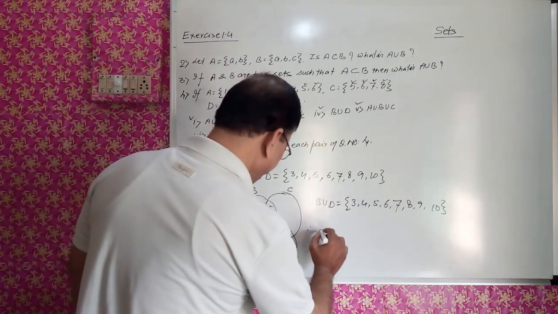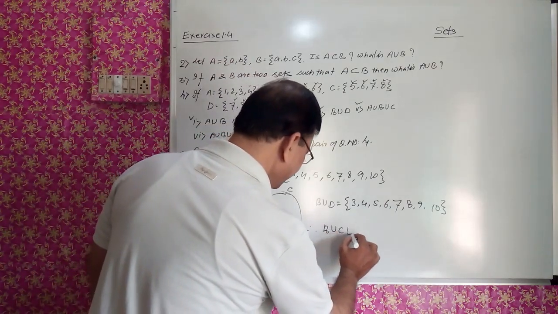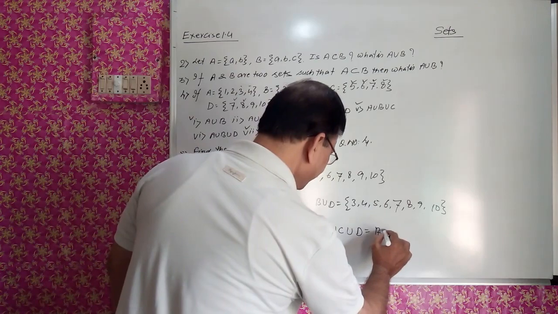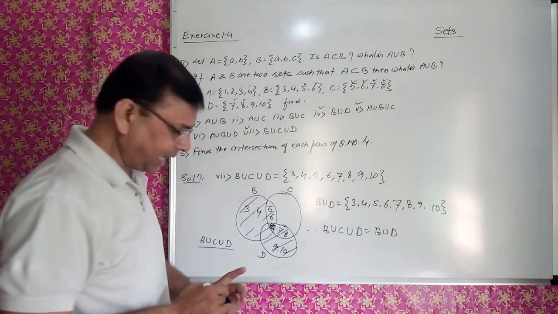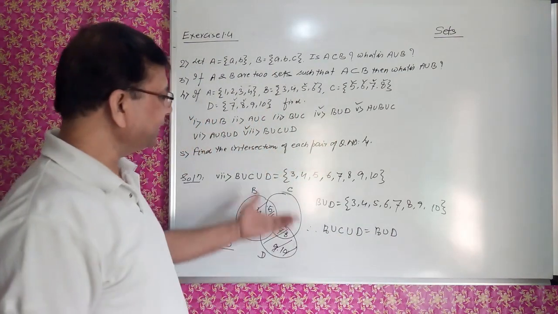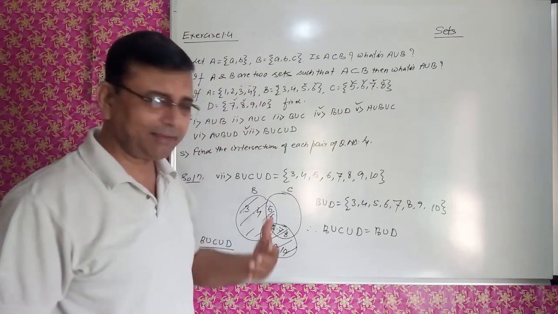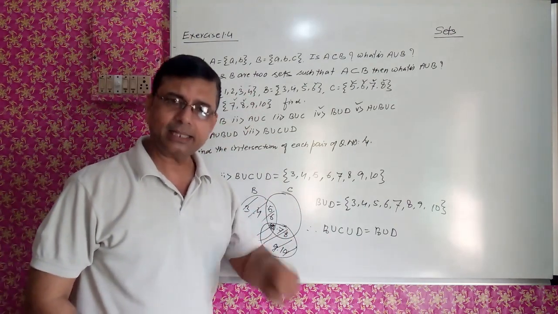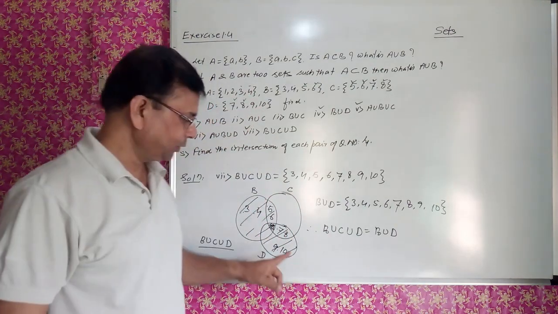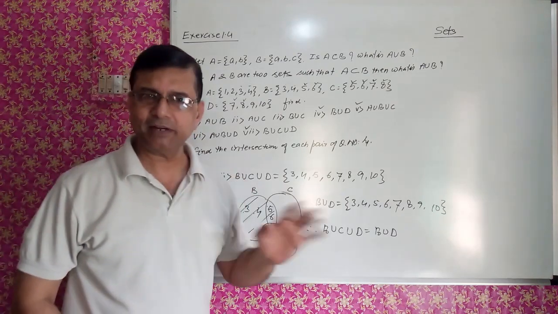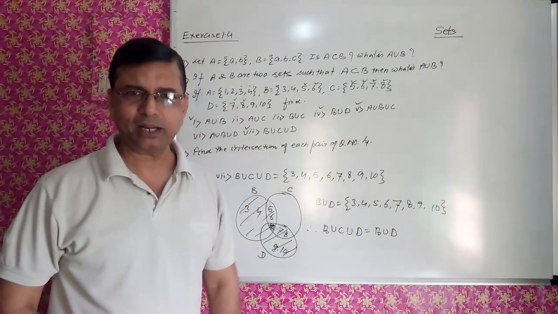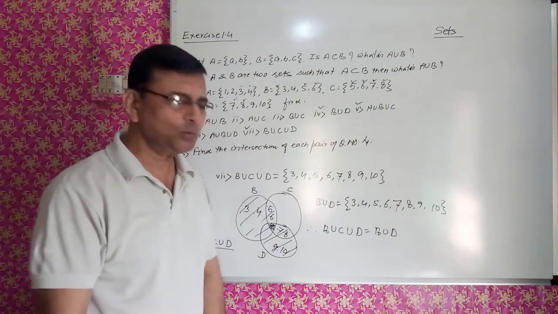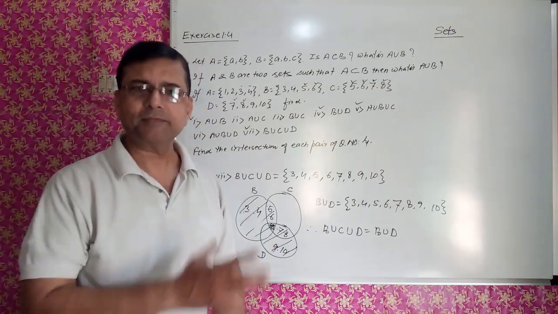Therefore, we can write B union C union D is equal to B union D. We got another piece of information which is not required for this particular question, but through the Venn diagram I have got it. You can understand how beneficial the Venn diagram is after seeing the conclusion of this question.